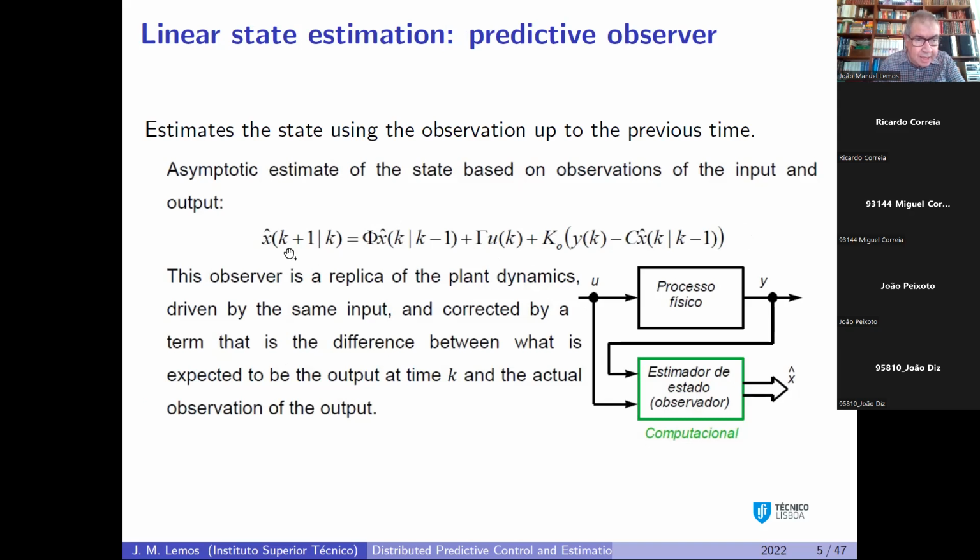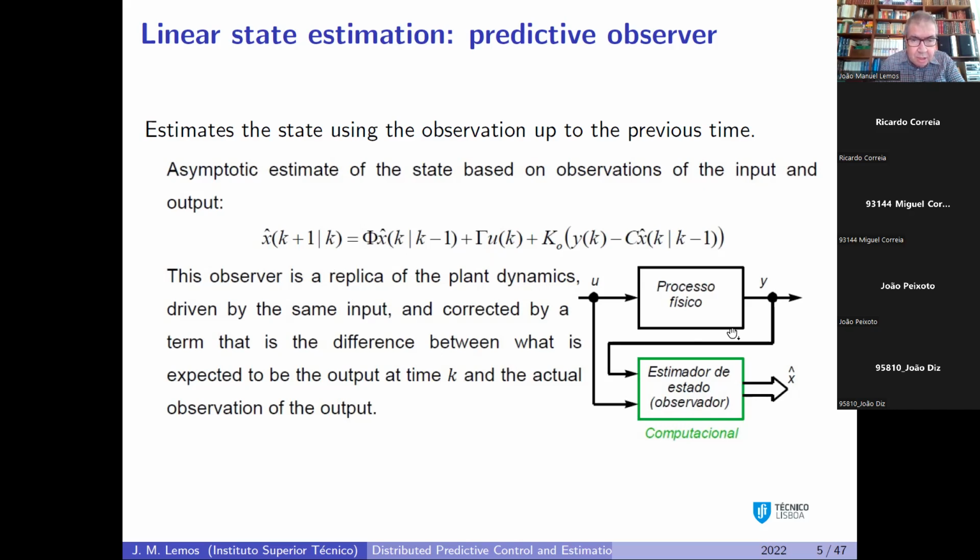So the next state at k plus 1 is the dynamic matrix of the system, which I call phi, times the previous state plus gamma uk. We are assuming that we know this dynamic matrix phi, and this vector gamma that multiplies the input.